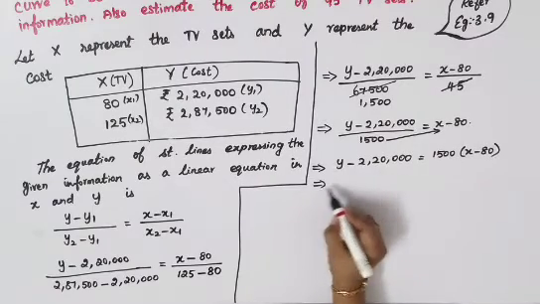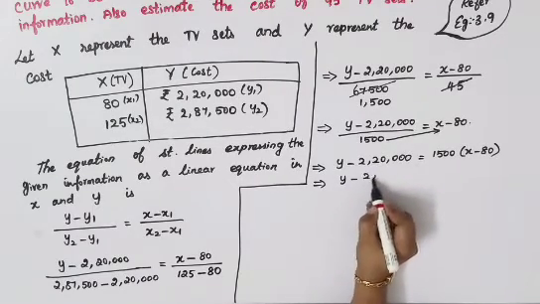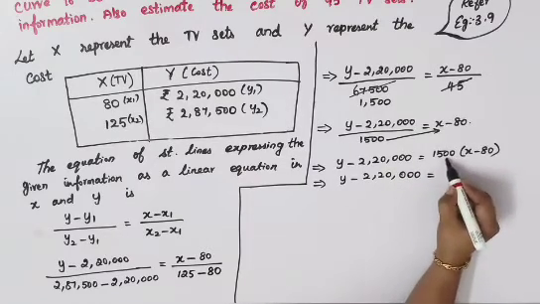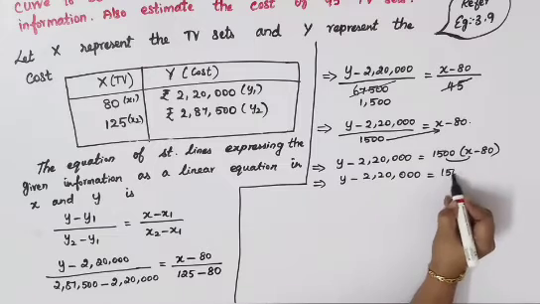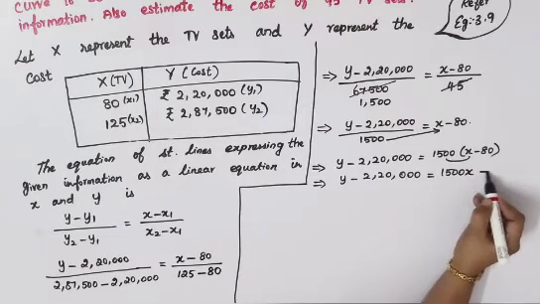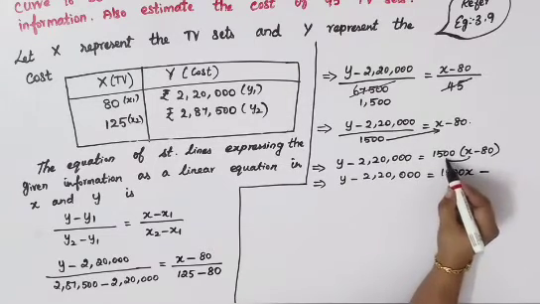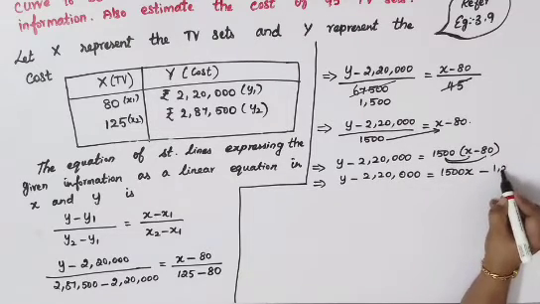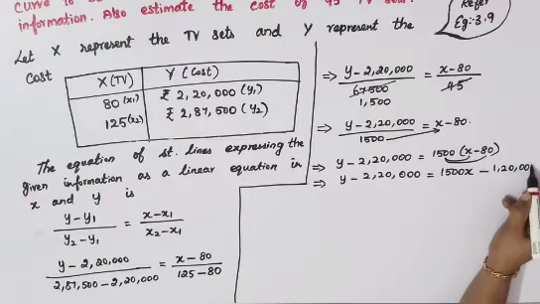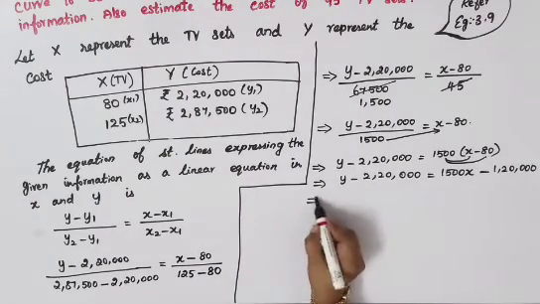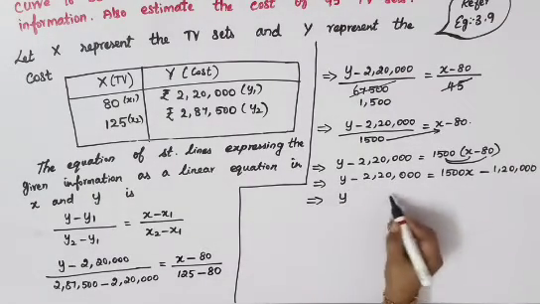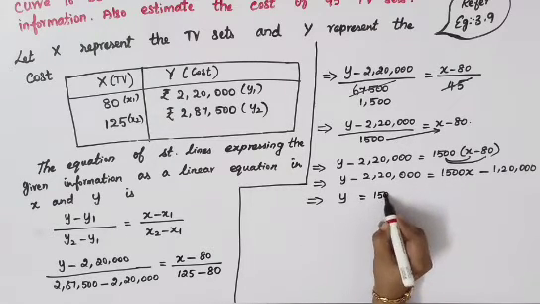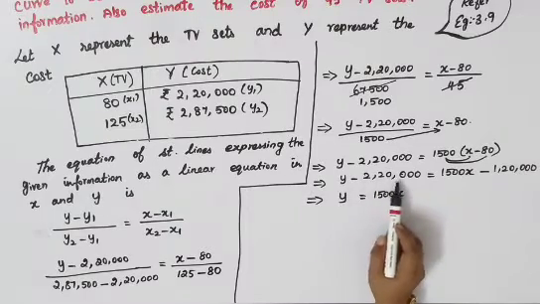Now this as it is, Y minus 2,20,000 is equal to 1,500 into X, you will get 1,500X, minus into minus you will get minus 1,500 into 80, you will get 1,20,000. So that implies keep your Y as it is here, take everything towards that side, so which is equal to 1,500X minus 2,20,000.